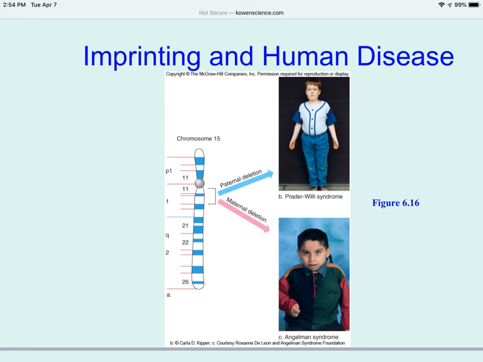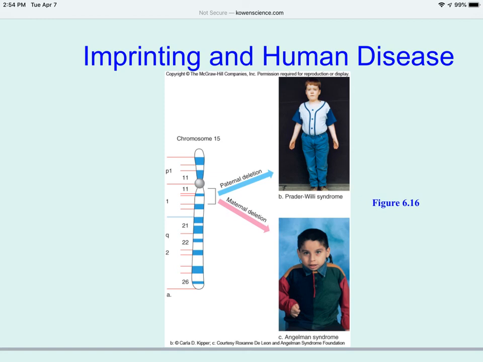This can lead to obesity, type 2 diabetes, and mild to moderate intellectual impairment. They can also have behavior problems. The physical characteristics of Prader-Willi include a narrow forehead, small hands and feet, short height, and light skin and hair.